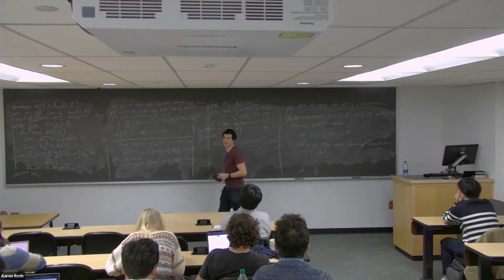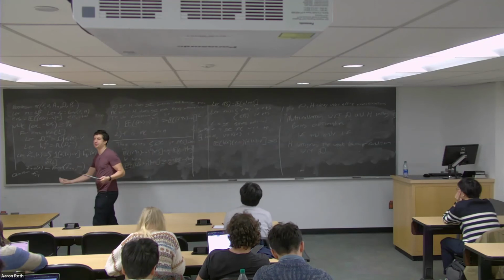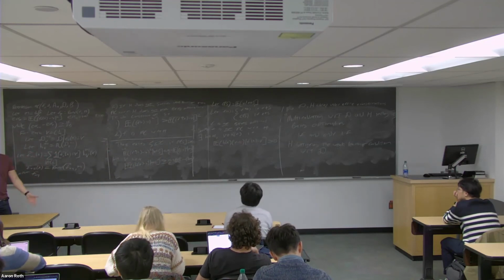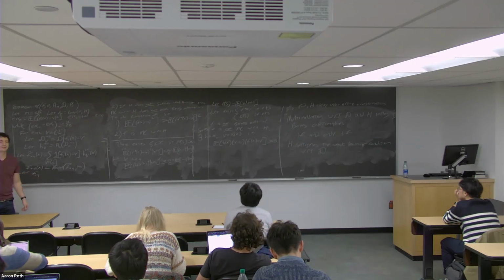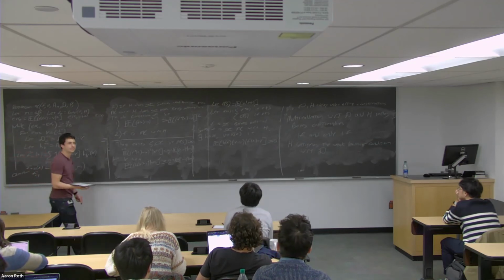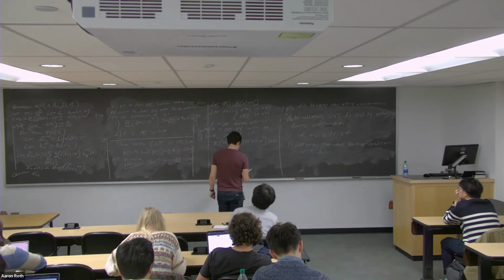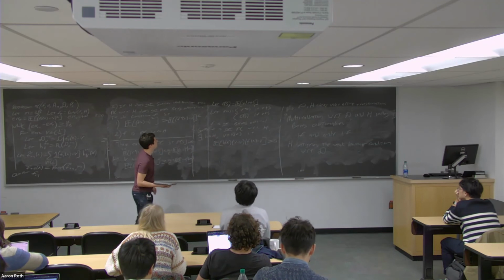It's either bigger than 0 or less than 0. But since I've assumed that H is closed under affine transformation, I might as well assume it's bigger than 0. Because if it's less than 0, I'll take negative h, which is also in our class. Okay. This is what it means to not satisfy multi-calibration.